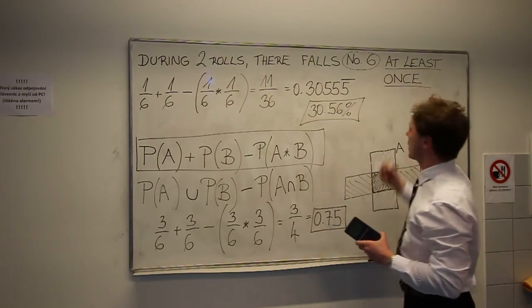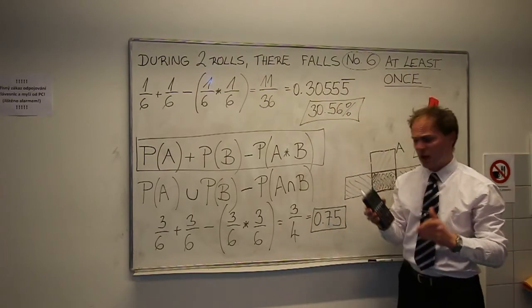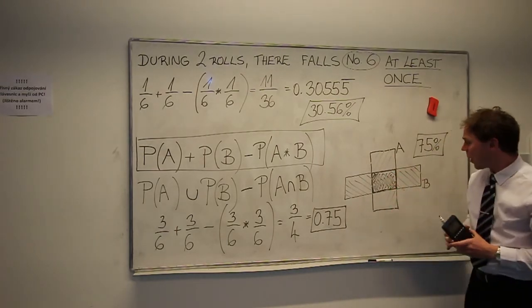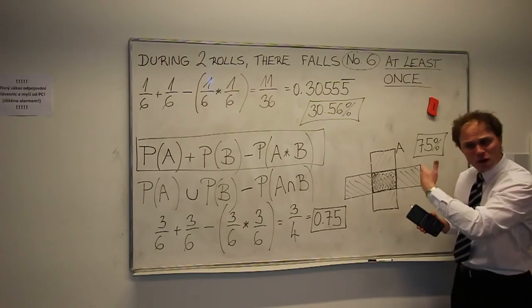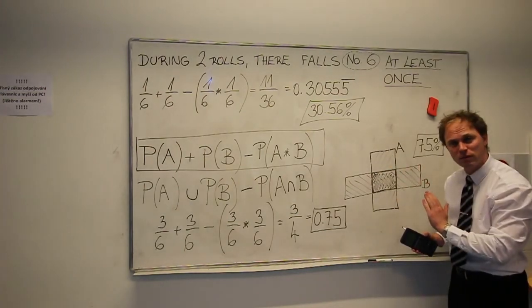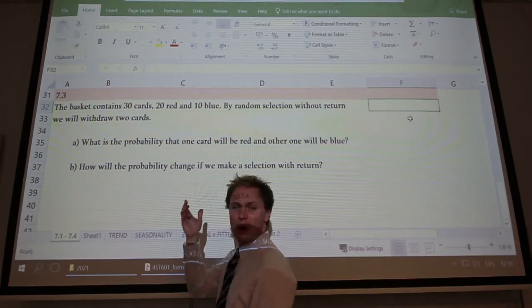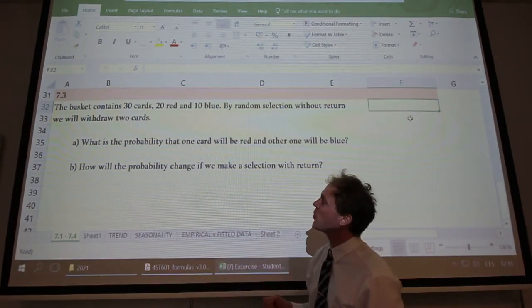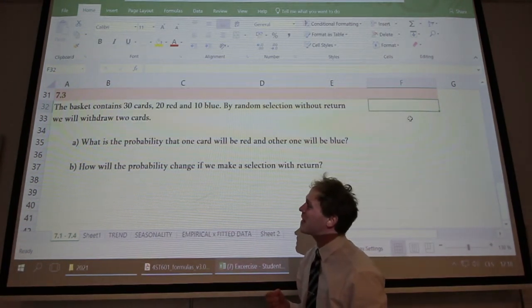Yes, so this is the final probability. Remember this chart, yes, it's quite good for understanding this situation. We will continue with another example and also the last example for today.